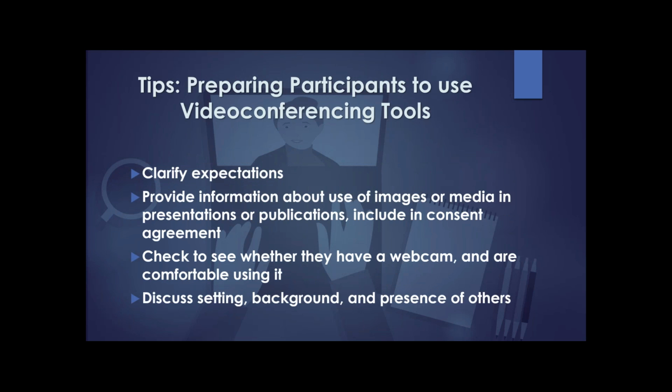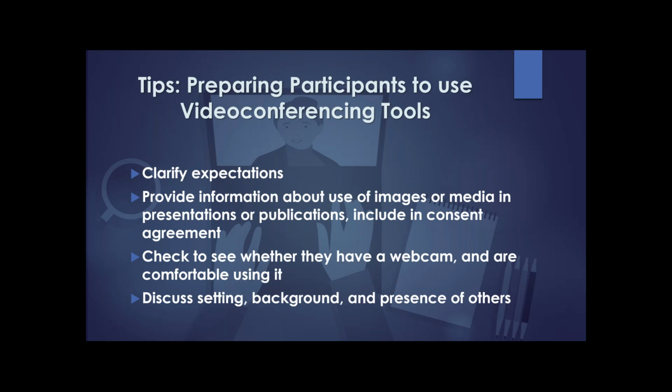And then making sure that your participants know what it is you want to do. In many cases, you might need to include some aspect of that in your consent agreement or in the other information you provide, as a part of the informed part of informed consent. So again, what are your expectations?